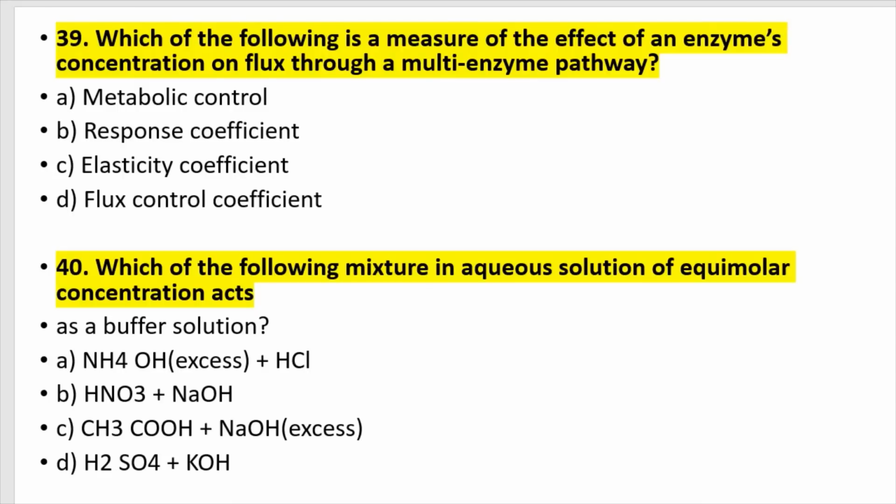Which of the following is a measure of the effect of an enzyme's concentration on flux through a multi-enzyme pathway? Metabolic control, no. Response coefficient, no. Elasticity coefficients, no. But flux control coefficient. So this is the measure of the effect of an enzyme's concentration on flux through multiple enzyme pathways.